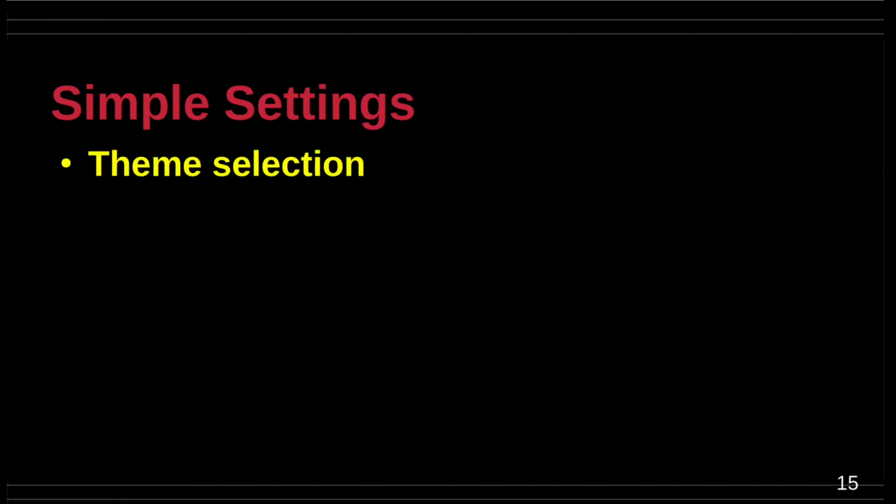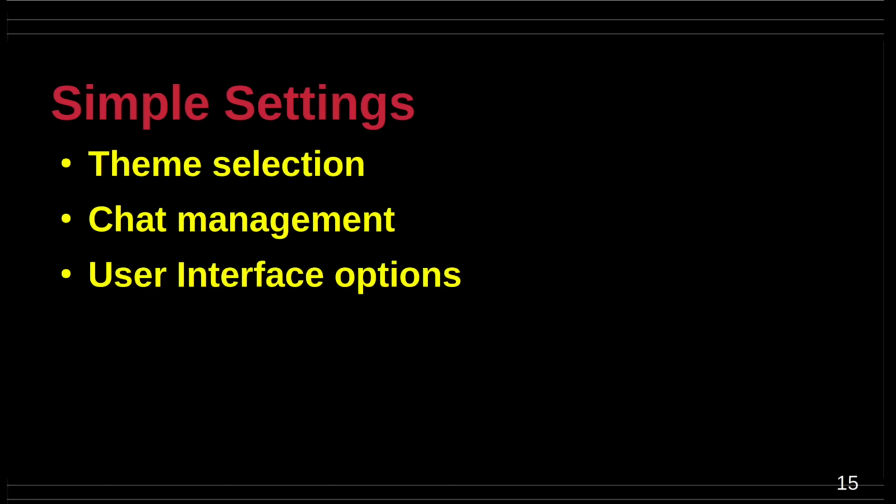Some of the basic settings are theme selection, chat management, user interface, UI options, and model parameters. You can personalize the visual appearance by toggling the light or dark modes. You can also use basic color scheme options, for example, minimalist or high contrast.